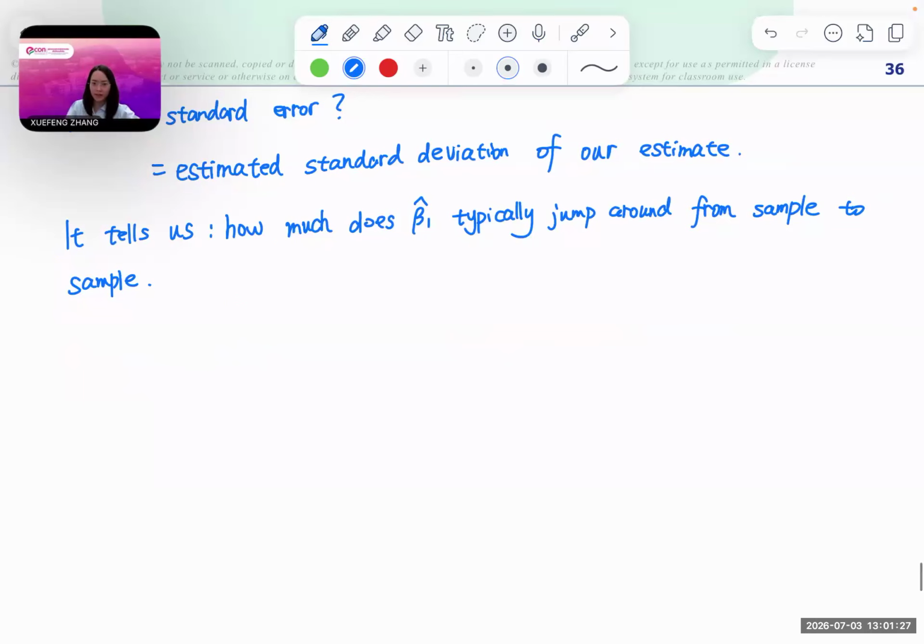Of course, we want a small standard error, okay?